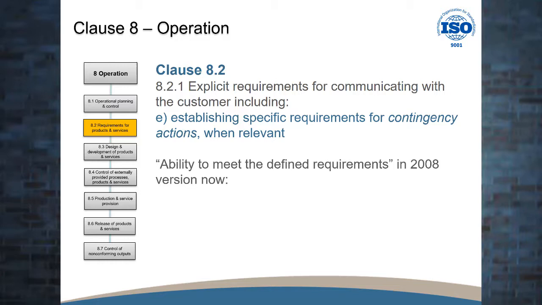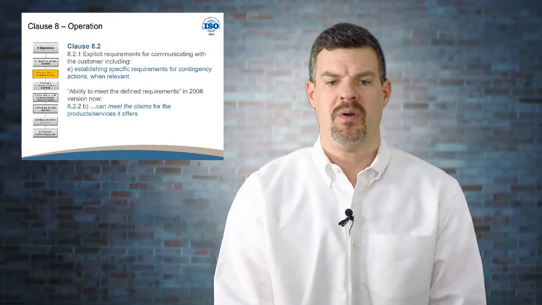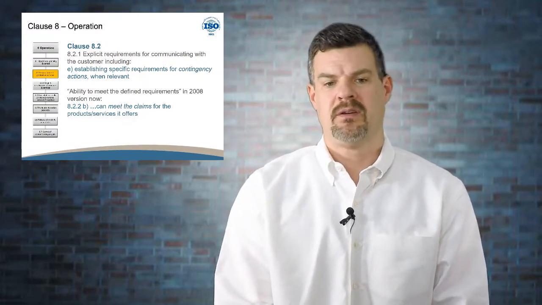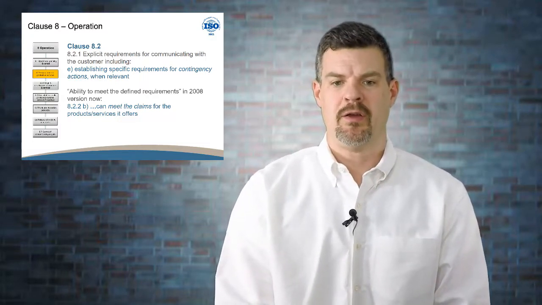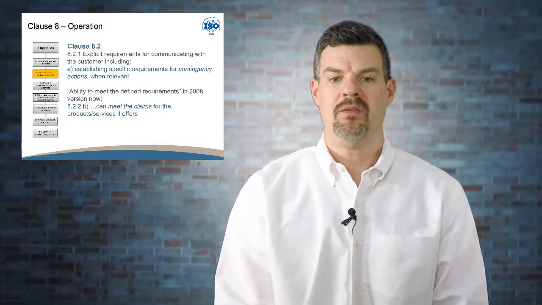So the ability to meet the defined requirements in 2008 now states 8.2.2b can meet the claims for the products and or services it offers. So if you have a specific claim that the product does something spectacular, or your services of a certain quality nature, you can meet those claims.